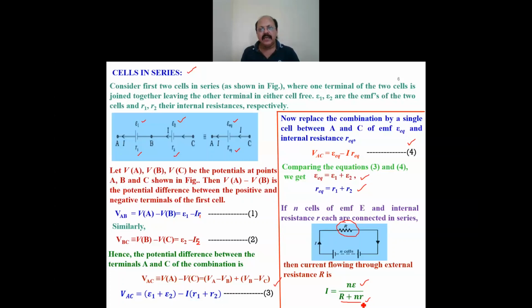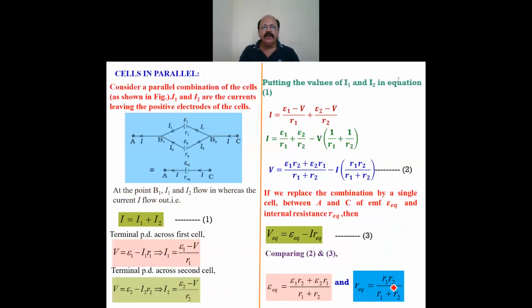R is the external resistance. So the current flowing through the external resistance R becomes total EMF upon total resistance of the circuit, that is nE upon R plus nr. So this is the formula that you remember for calculating the current in a circuit having n cells of EMF E and internal resistance small r.